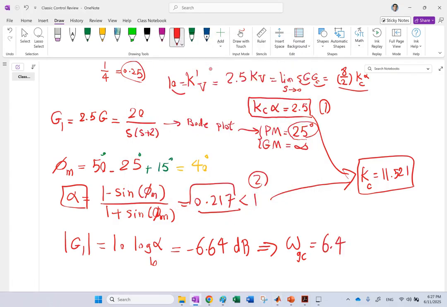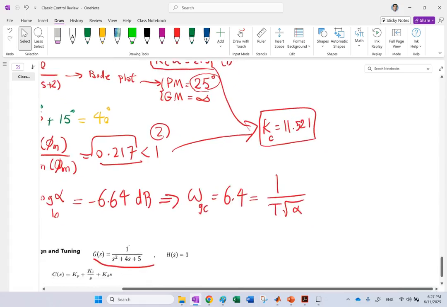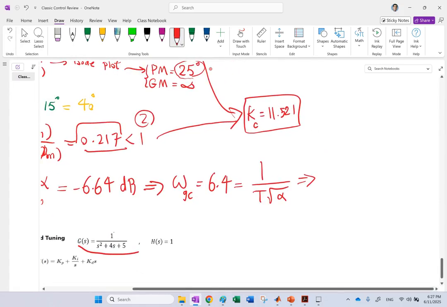And this one is now going to be the place, the new gain crossover, and that is the place where you can have your maximum phase contribution. And the location, the frequency for the lead compensator at which phi, the contribution, is maximum, also has a formula, and that is 1 over T times the square root of alpha. And guess what? From here, I should be able to calculate my T because alpha is known.